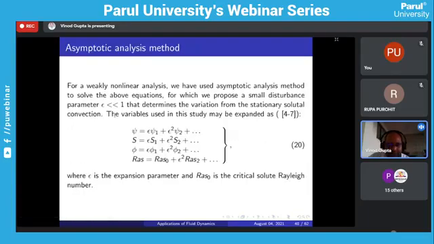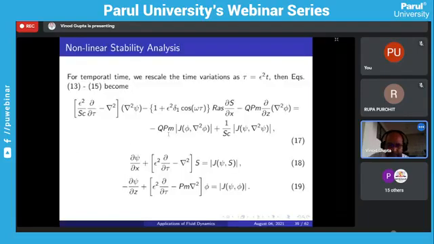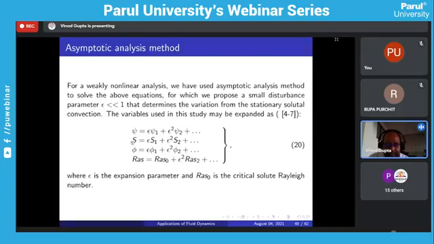Right. So we substitute the values of psi, S, phi and Ra s in these equations and equate the similar terms at various orders. Because if you substitute these values in your equation, you will get terms of epsilon square and so on. We equate them on both sides, and that gives a solution at different orders.